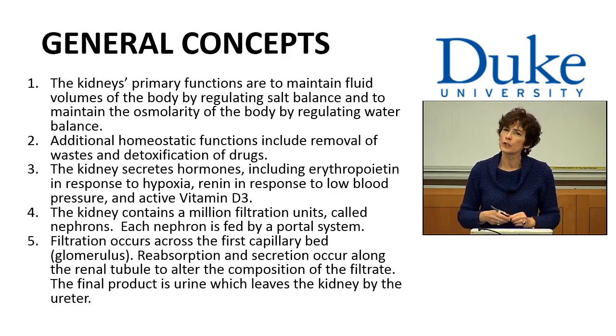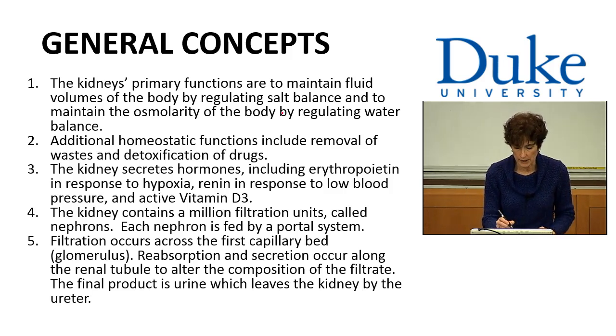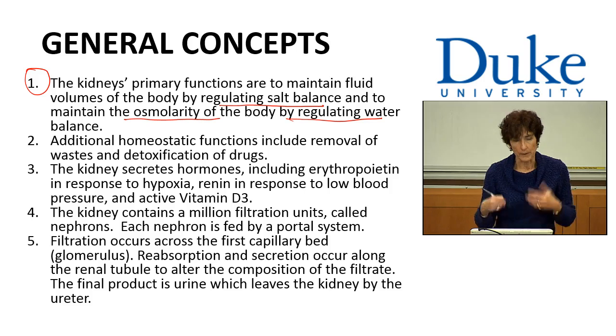Okay, so what are our general concepts then? So first, the kidney's primary functions are to maintain the fluid volumes of the body by regulating the salt balance, and to maintain the osmolarity of the body by regulating the water balance.